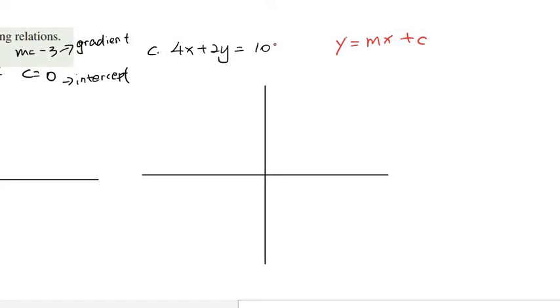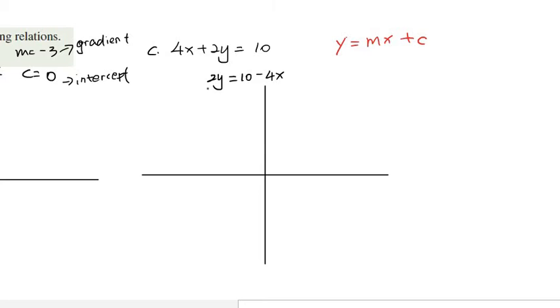We need y standing on the left-hand side by itself, and everything else on the right-hand side. Let's keep 2y over here, and to move 4x to the other side, we take away 4x from both sides of the equation. So it will be 10 take away 4x.